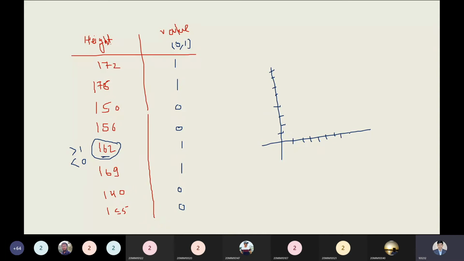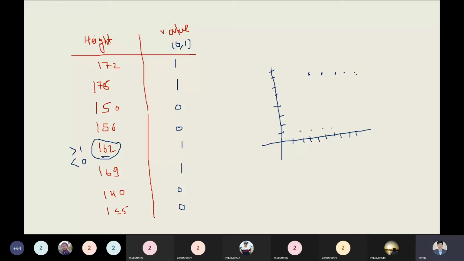So first you will sort all the data, and definitely you will observe some data points which are coming. I'm taking only random data here, just for example purposes.